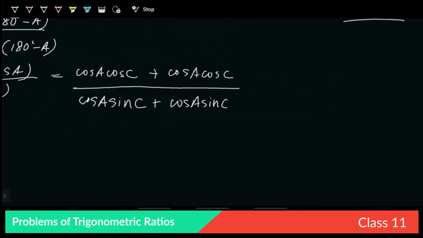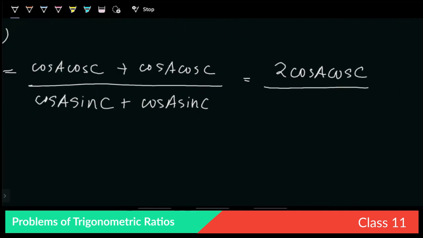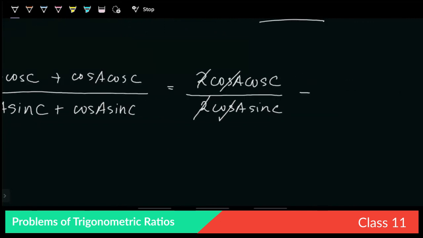Okay, so now it is actually 2 cos A cos C by 2 cos A sin C. Now see, the 2 gets cancelled, cos A gets cancelled, so we will be left with cos C by sin C. What is that?